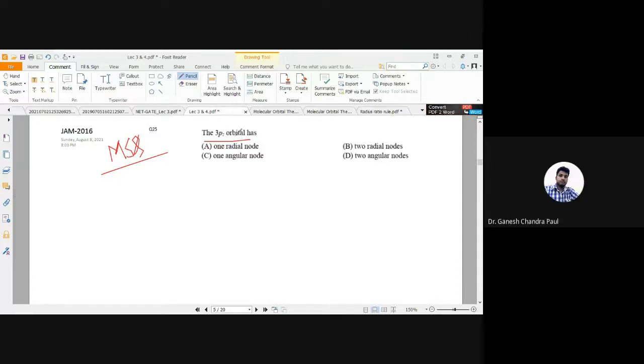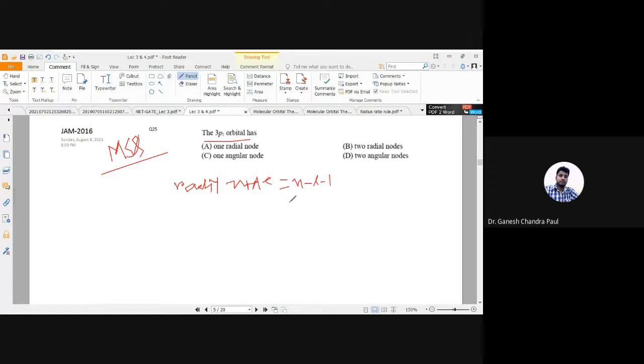In 3pz orbital, as I already mentioned, it is an MSQ type of question, multiple select question. So what is the formula to calculate the radial node? It is n minus l minus 1. Yes, the radial node can be calculated by this formula, n minus l minus 1.